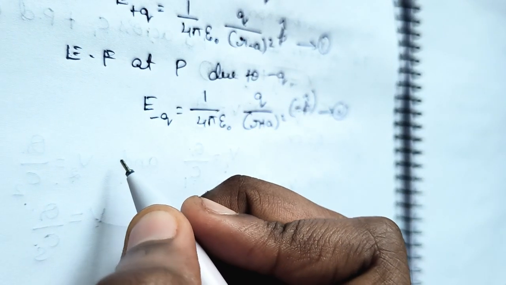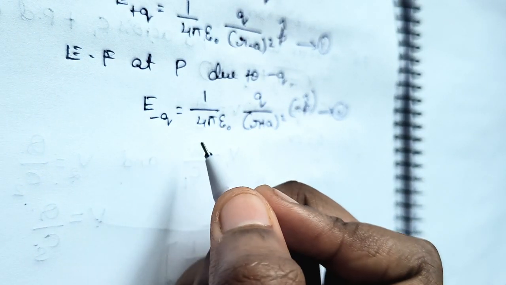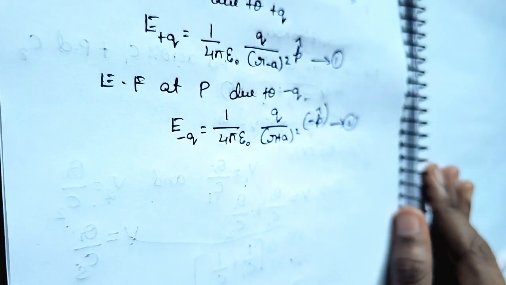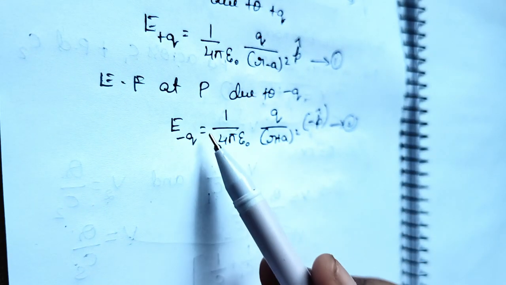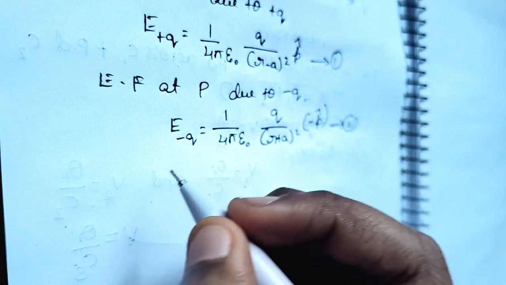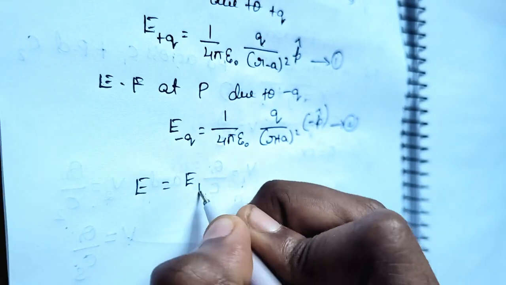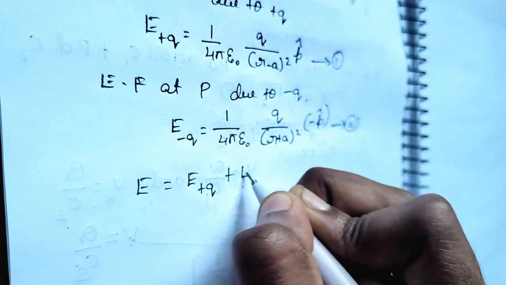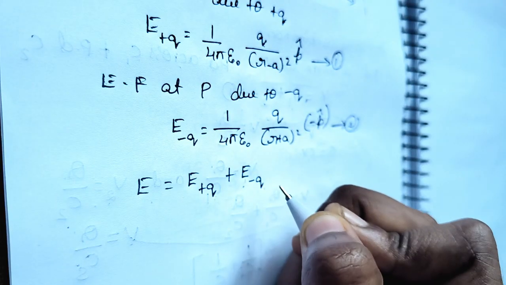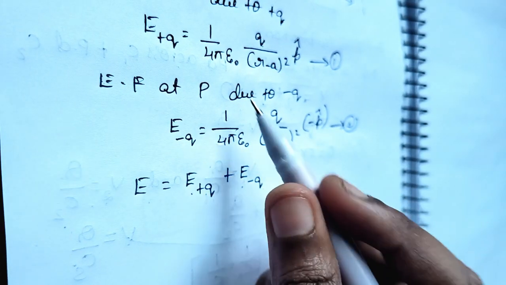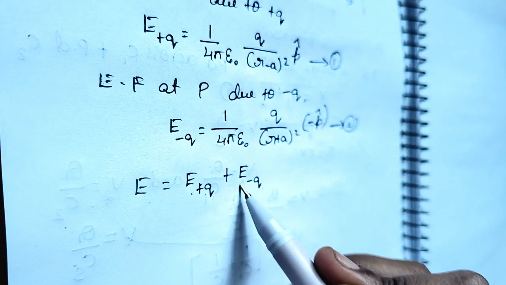Now what we have to do? We have to take the total electric field, the total of E plus q and E minus q. So I'll write the total electric field as E is equal to E plus q plus E minus q. We can substitute equation 1 here and equation 2 here.